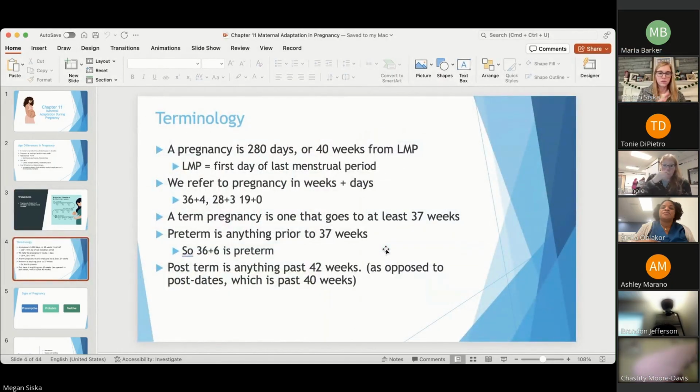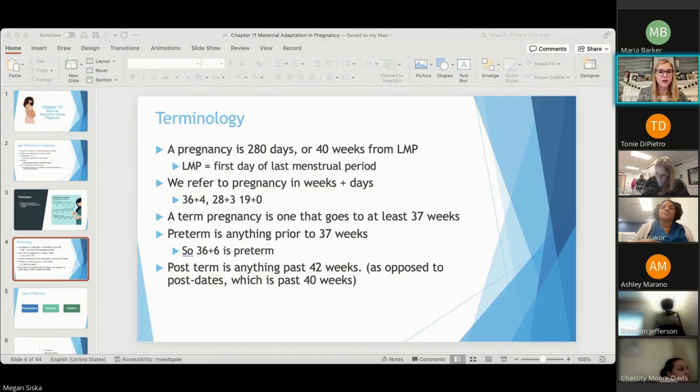Okay, so some more general stuff here. A typical pregnancy, a full-term pregnancy, is around 280 days, which equates to 40 weeks from their last menstrual period. When we say last menstrual period, we're talking about the first day that they bled of their last menstrual period. So it's very specific.